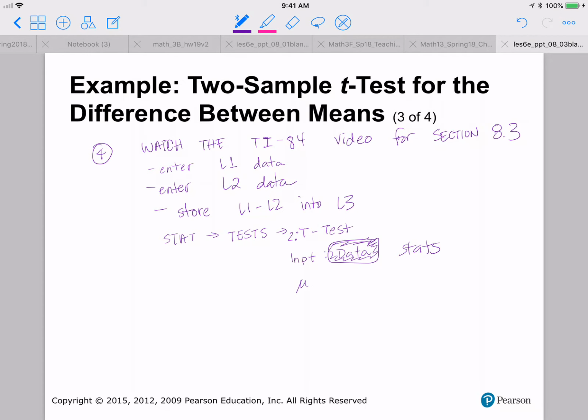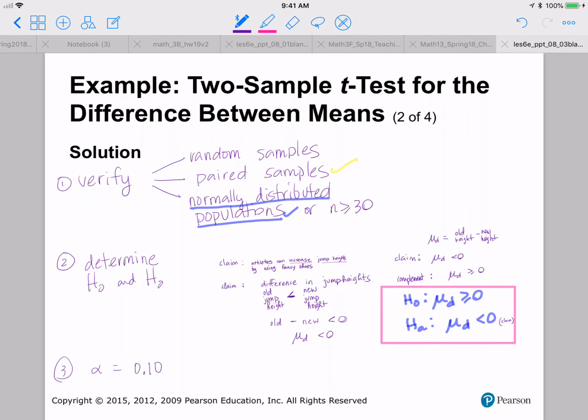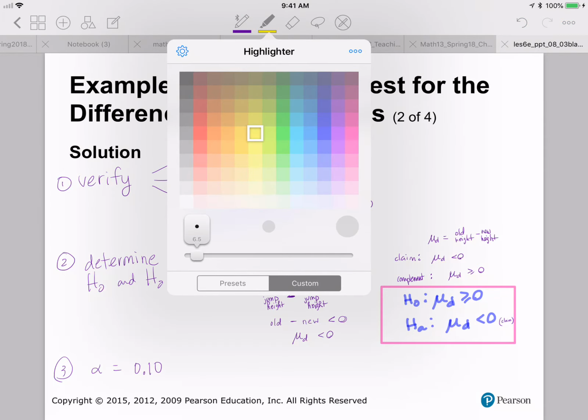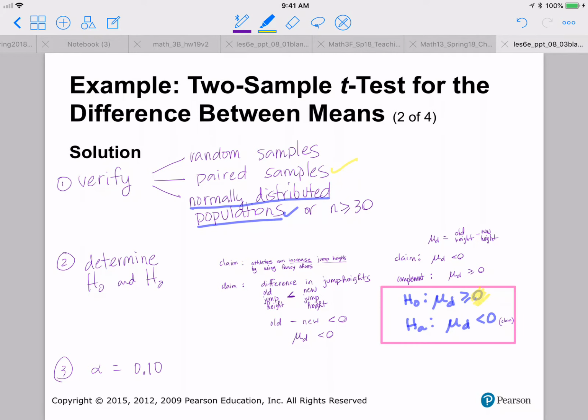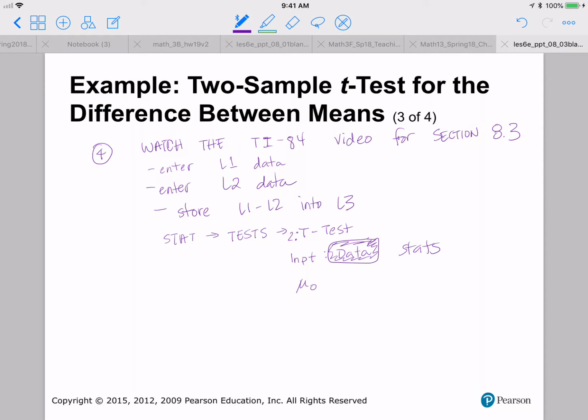My mu naught is the hypothesized difference, so that's going to be 0. Why is it going to be 0? Because it's the same number here and here. So I'm going to enter in 0 for my mu naught. For list, I'm going to enter L3. For frequency, we can keep that at 1.